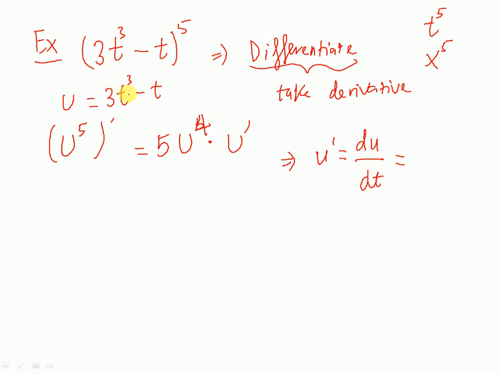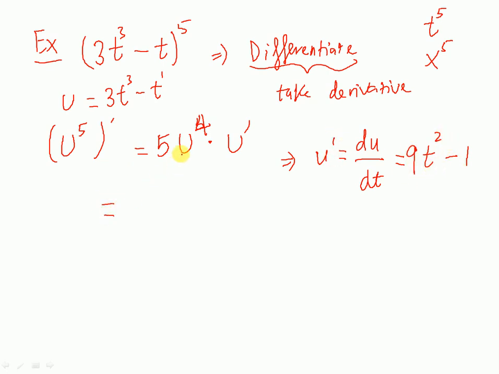Alright, so just apply the power rule again. Bring down 3 times 3 is 9, subtract 1 from that, 2, minus, this is t to the first power, bring down the 1, and 1 minus 1 is 0, t to the 0 is 1, so we just have minus 1. So u prime is 9t squared minus 1.